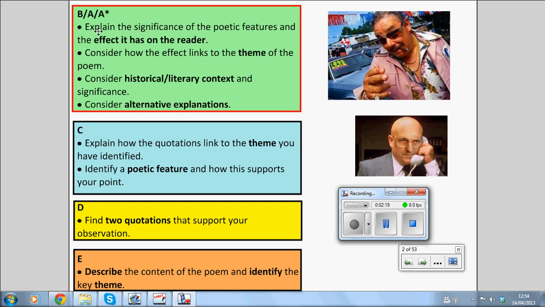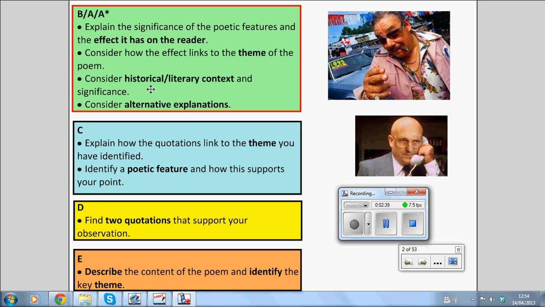If you're aiming for higher than that, aiming for the B, A star, then you're starting to think about why these features, why these devices are significant, why the writers use them, what is the effect that it has on the reader. You might also consider how the effect of these techniques links to the theme of the poem.